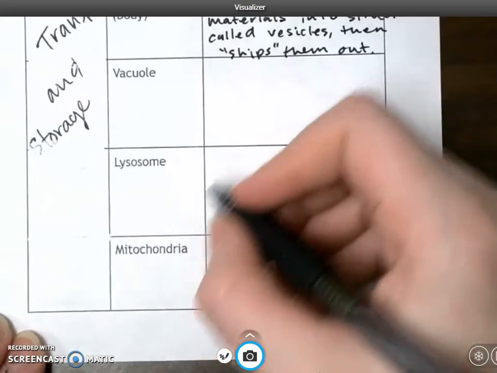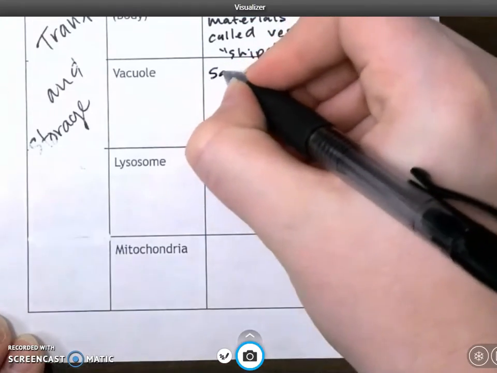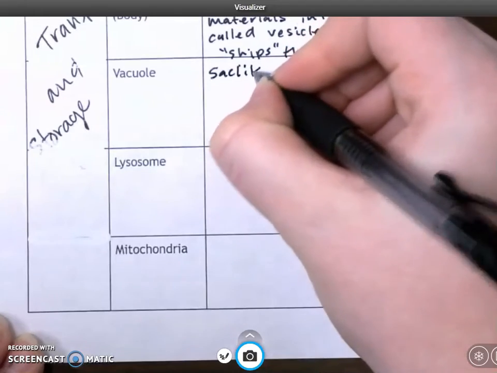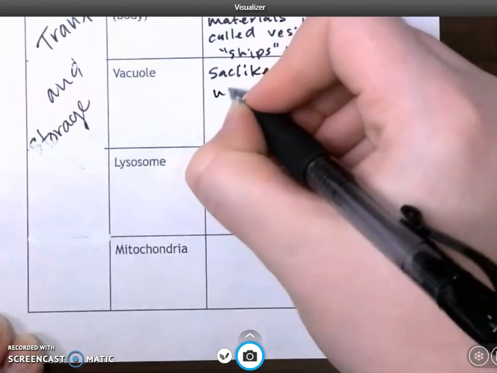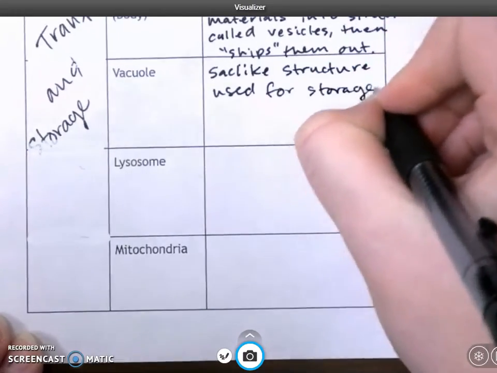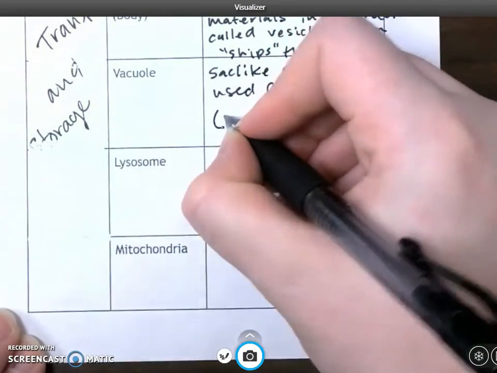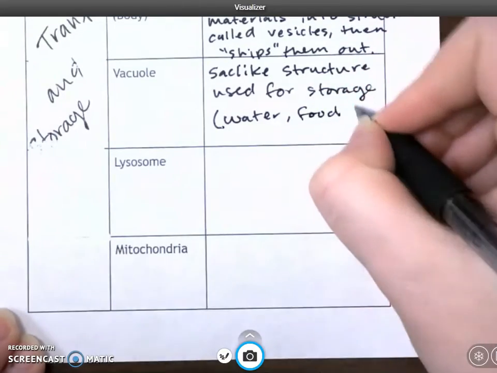Okay, our next one is the vacuole. It is a sac-like structure used for storage of materials like water, food, and enzymes.